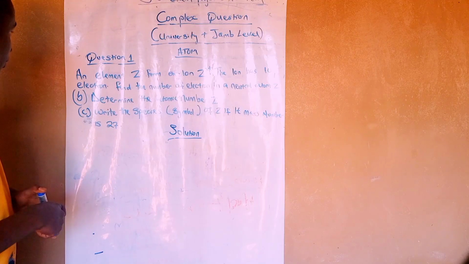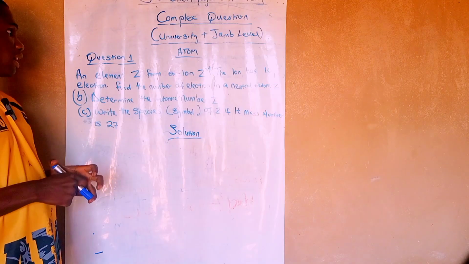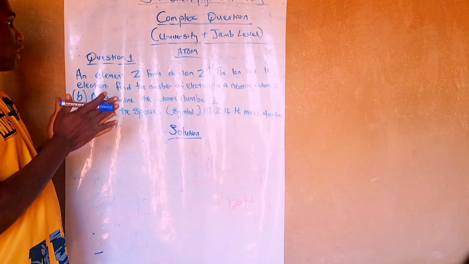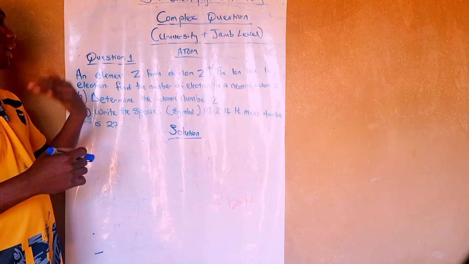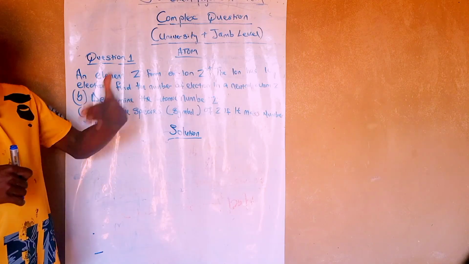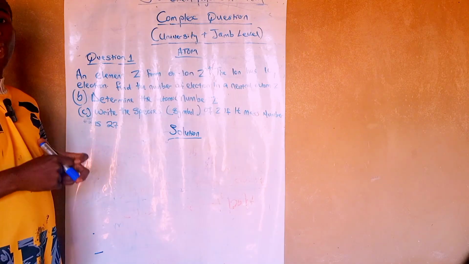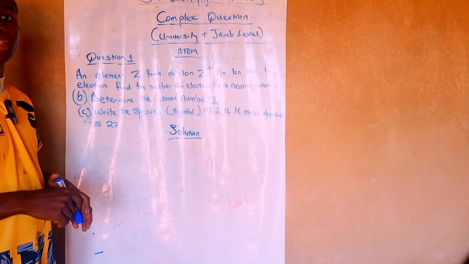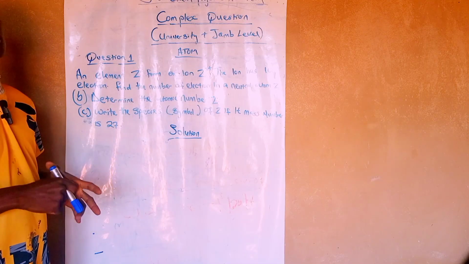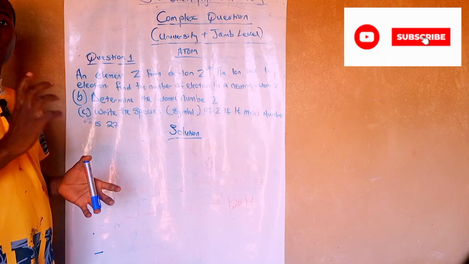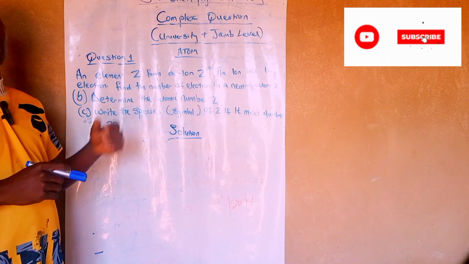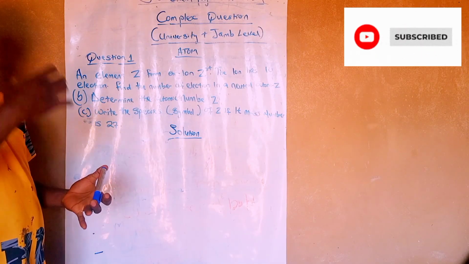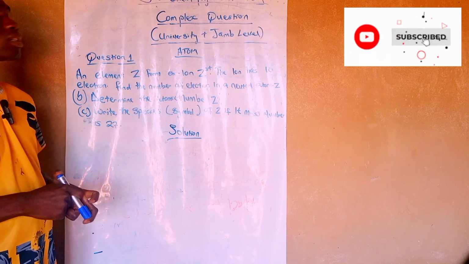In this case, the first thing here is that whenever an atom loses an electron, or gives out an electron, the atom will become positively charged.